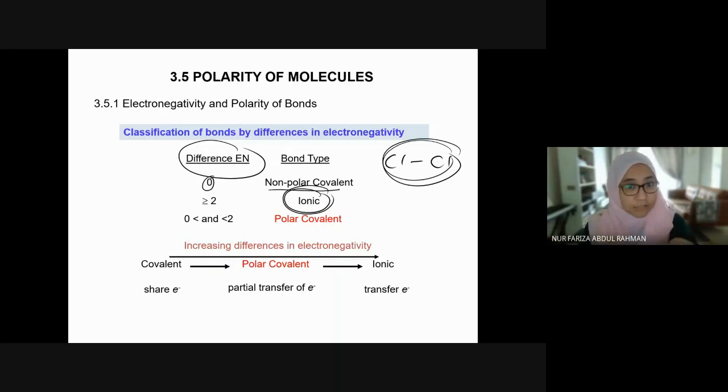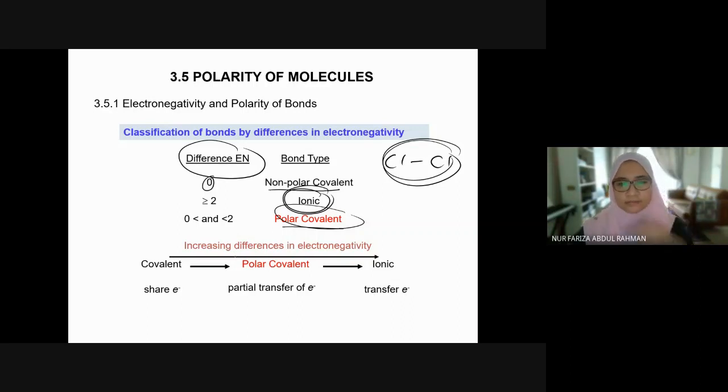We are done with this one in our earlier subtopic. If we get a range larger than 0 but less than 2, it is called polar covalent. This is what we are interested in. So you have to subtract the values. So far we have two formulas: the formal charge and this electronegativity difference.